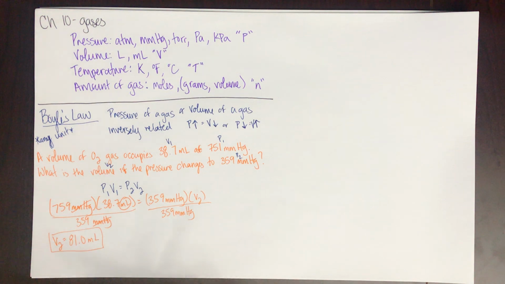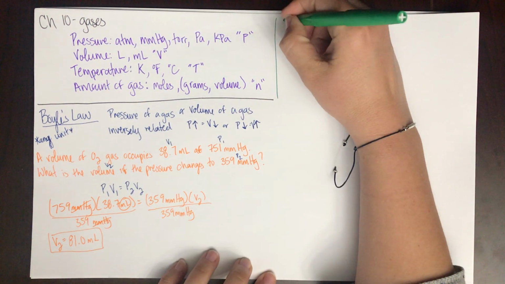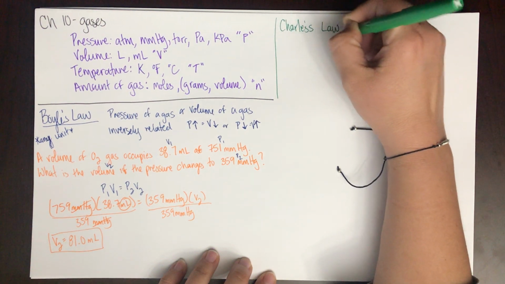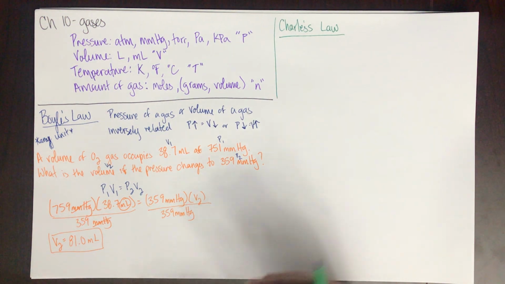So that's Boyle's Law. Boyle's Law looks at the relationship between pressure and volume. So let's look at another one. Let's look at something called Charles's Law. Charles's Law looks at the relationship between volume and temperature.